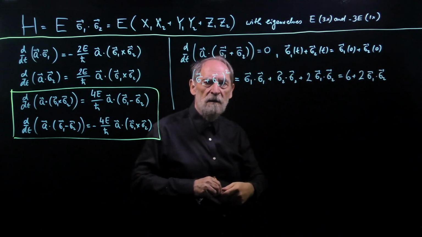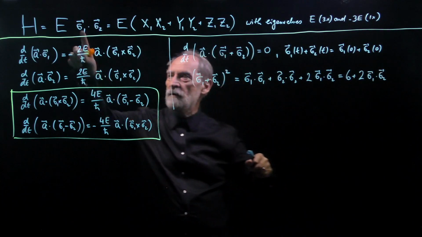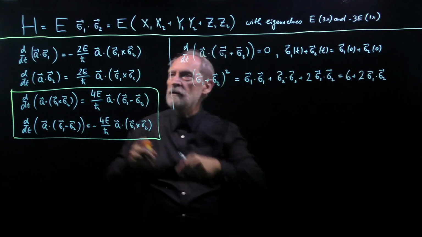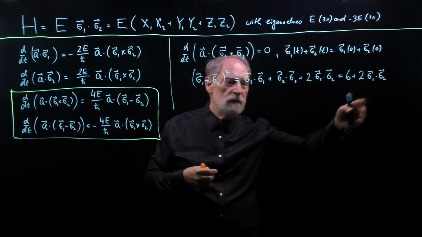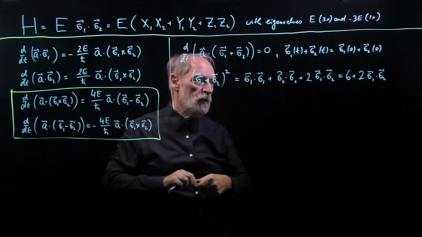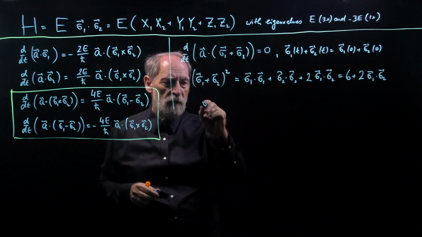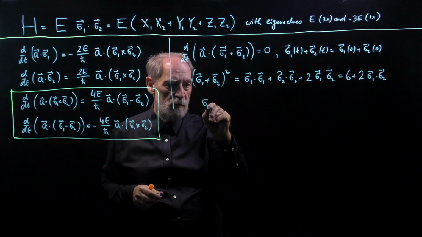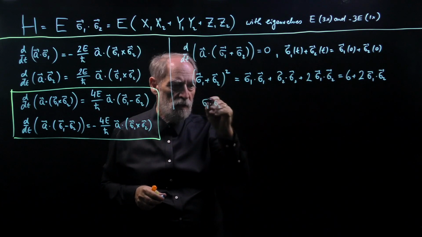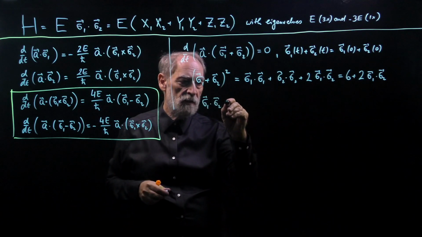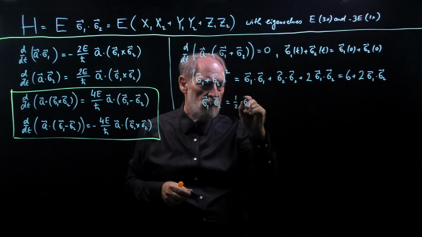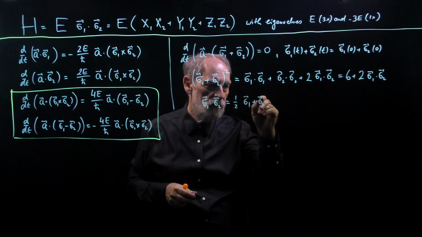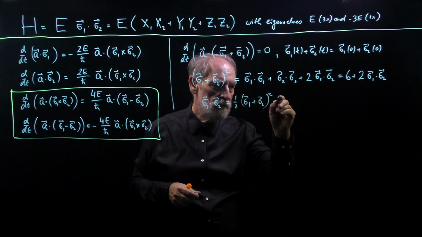So yes, I can also think of the Hamilton operator not as the energy times sigma 1 dot sigma 2, but as an expression that involves sigma 1 plus sigma 2 squared, because the sigma 1 dot sigma 2 that appears in the Hamilton operator is simply half of sigma 1 plus sigma 2 squared minus 3.